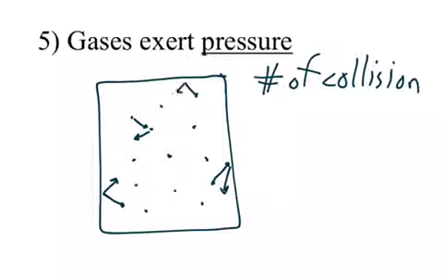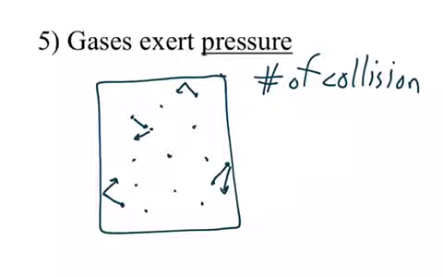So as these particles are colliding, every time that they collide against the wall of the container, and as well as, they collide with each other, but more importantly, every time that these particles collide against the wall of the container, that is what we call pressure.